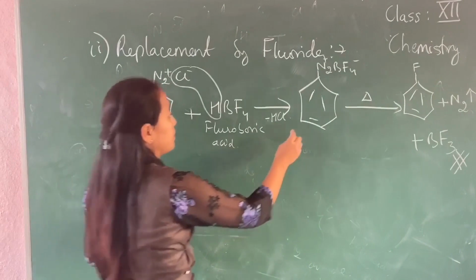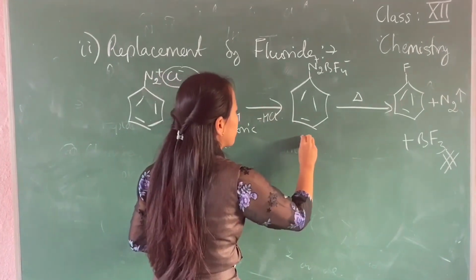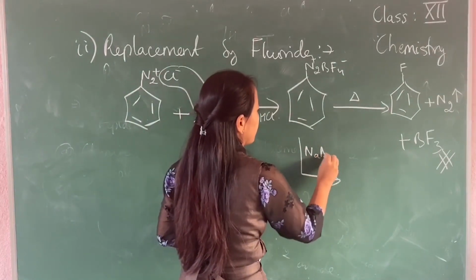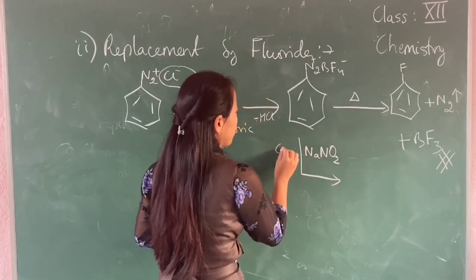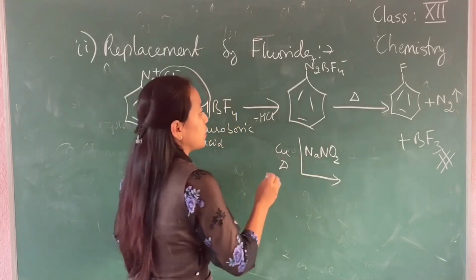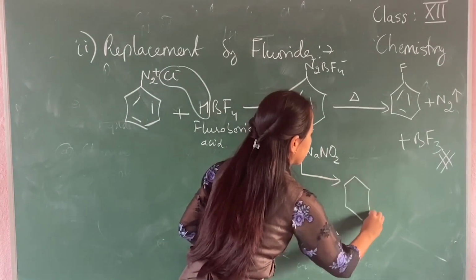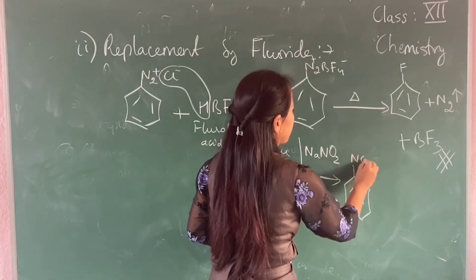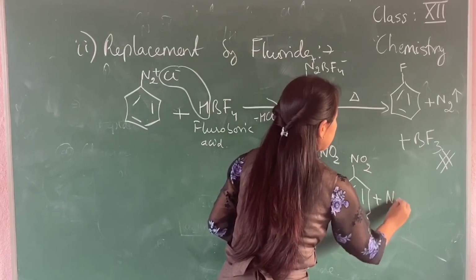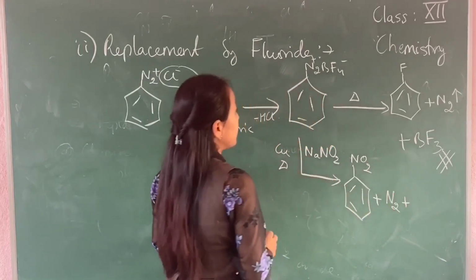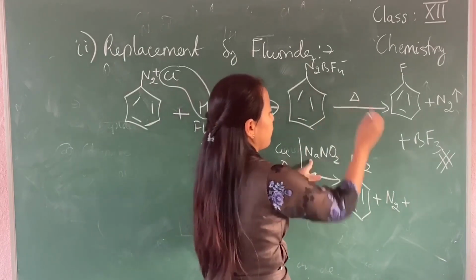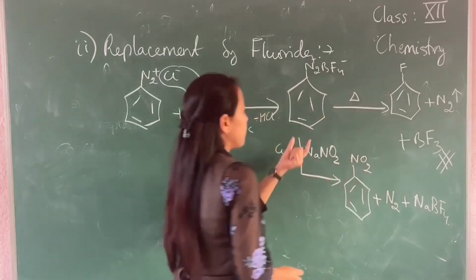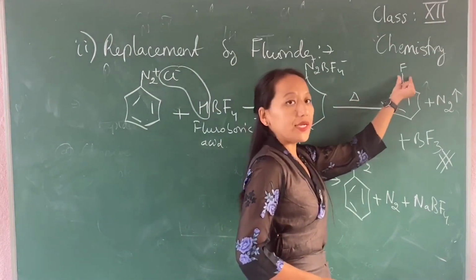Now from this intermediate, you can also introduce a nitro group by treating it with sodium nitrite, NaNO2, in the presence of copper, and you're going to heat it. You're going to introduce a nitro group. It releases N2 gas plus it forms NaBF4. From this you can introduce fluorine atom.